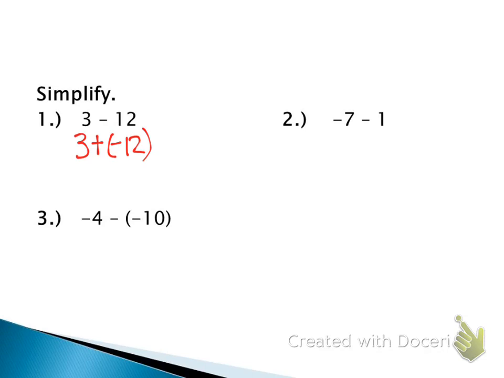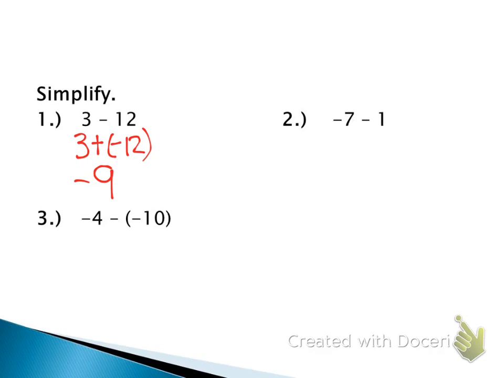Alright, Dante, if I were to subtract their absolute values, I would take 12 minus 3. What would I get? So I would get 9 from that, but then I need the sign of the number with the bigger absolute value, which would be the 12. So this comes out to a negative 9.